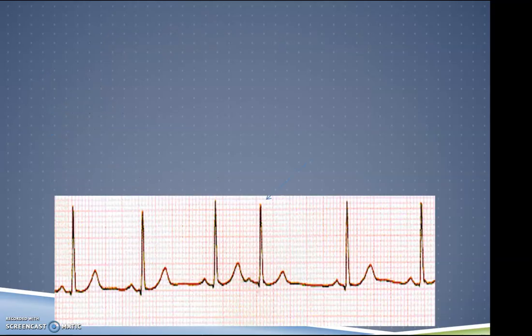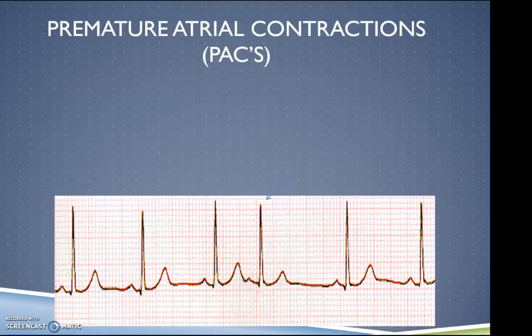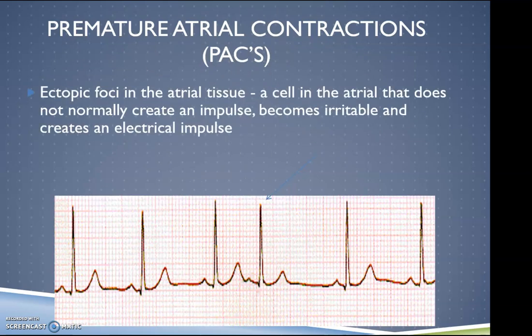So in this slide, we see a normal rhythm in the first 2 beats, and then we see a third beat, which comes at the same interval, but the fourth beat, looking at this, comes early. This is what we call a premature atrial contraction. A premature atrial contraction looks just like a sinus rhythm beat, except for it comes early, because there's a cell in the atrial tissue that fires early.